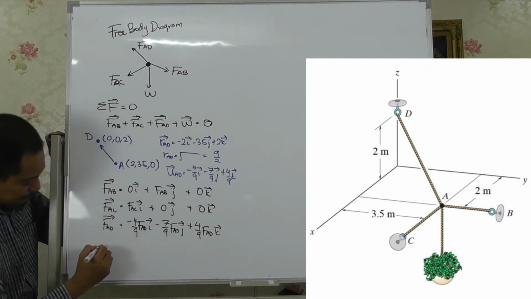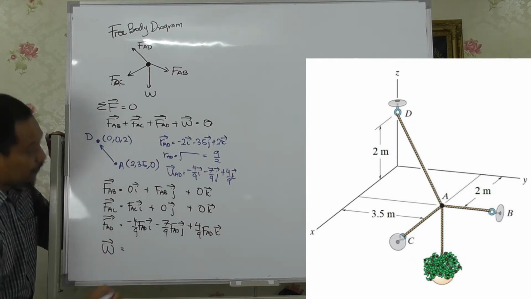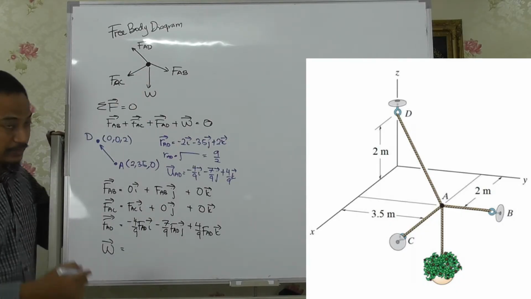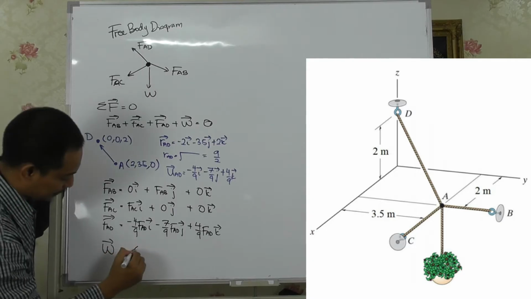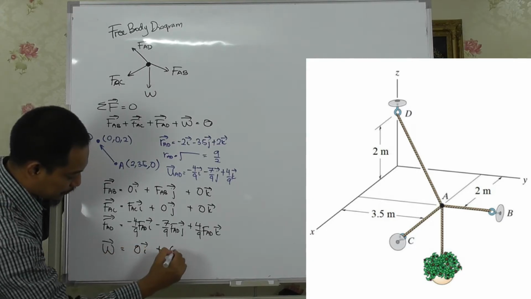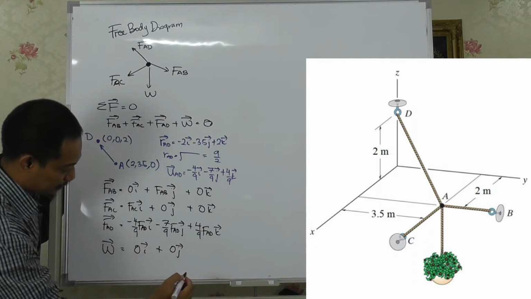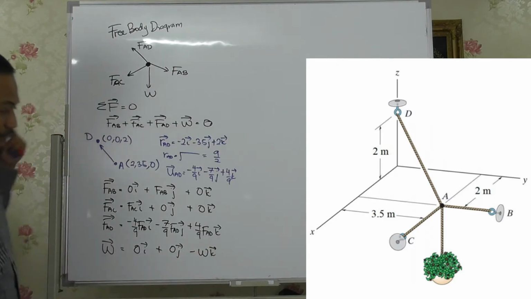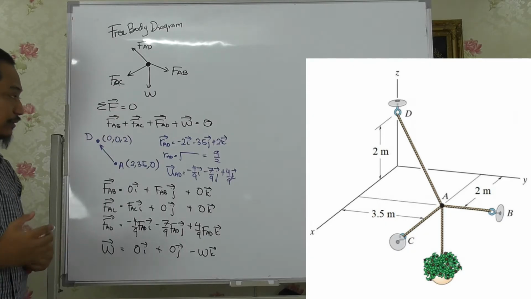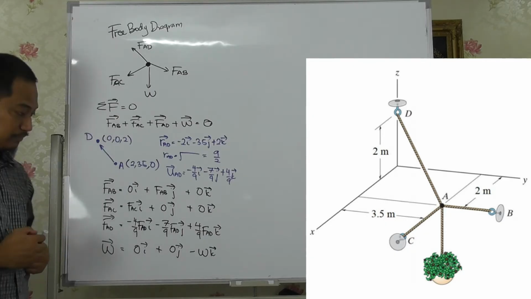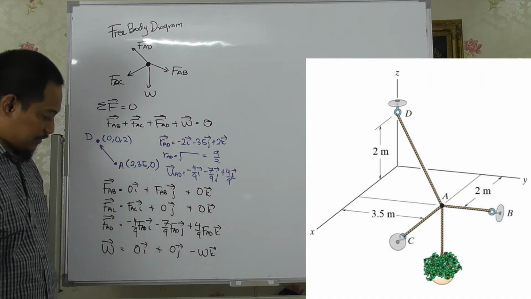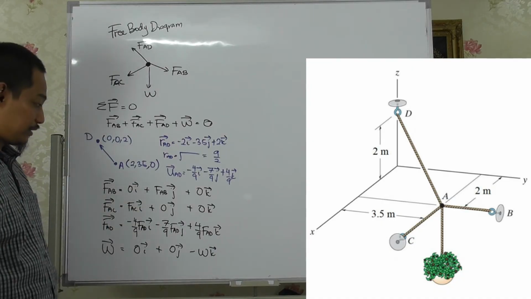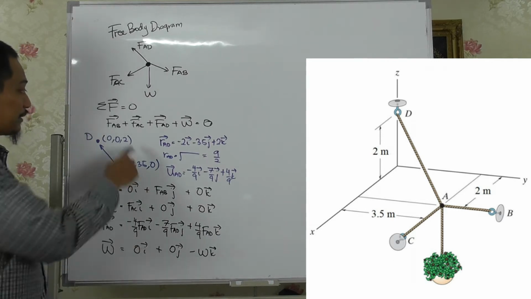And then W, of course, is going down, so it's in the negative k direction, so 0i plus 0j minus Wk, if we consider the weight is W. So we have all of this Cartesian vector notation already established, so we can apply this, right?